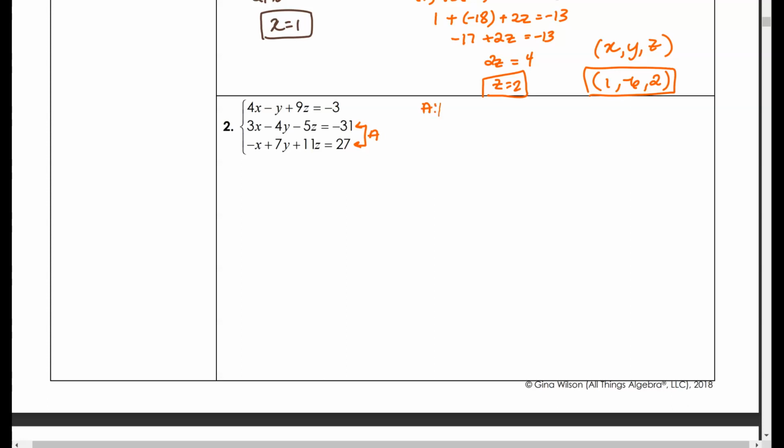But when I do the a calculation, I am essentially having to multiply that bottom equation by 3. So I'm going to end up with 3x minus 4y minus 5z equals negative 31. And then it's going to be 3 times negative x plus 7y plus 11z equals 27.